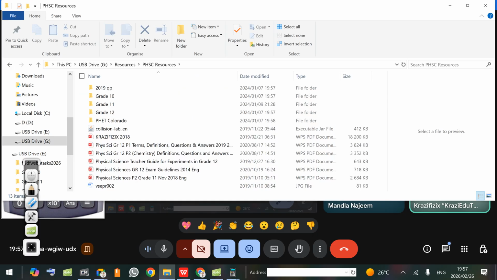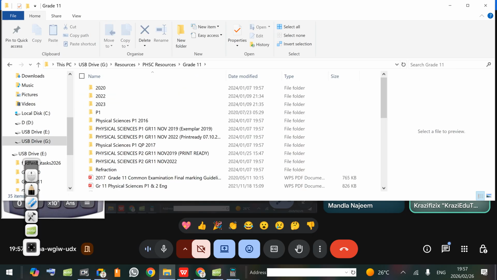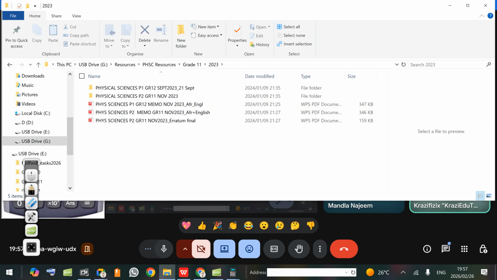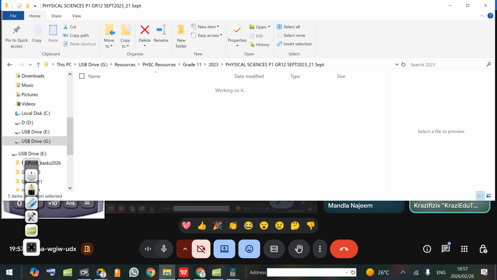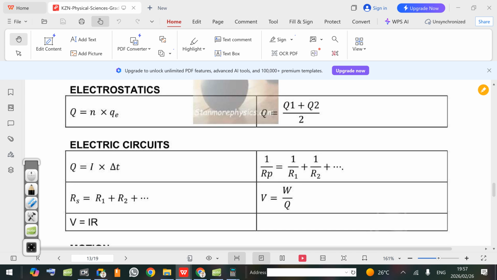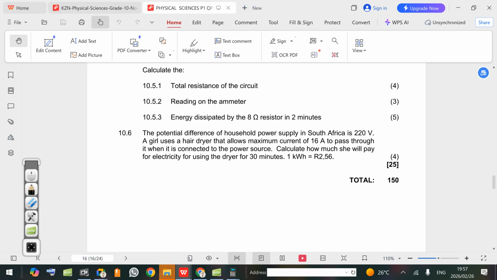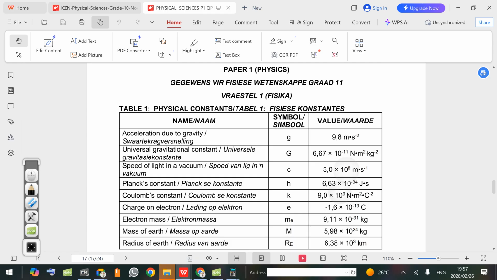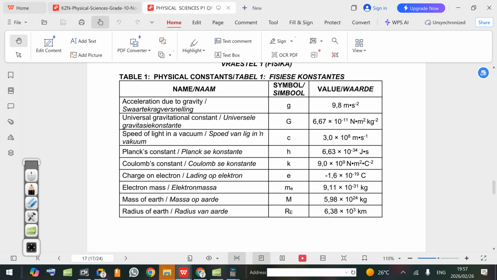We just do one question tonight to see how these examiners throw these things. Resources, physics. I'm going to go to a grade 11 paper. Let's just pick a random paper. Okay, that's paper 1. Ooh, my folder is empty there. Let's get this one. Okay. So you come to the formula page and get your answer. Do you see the second one?